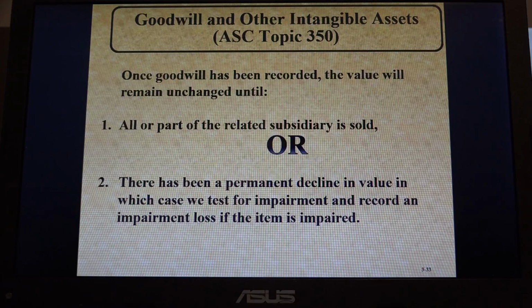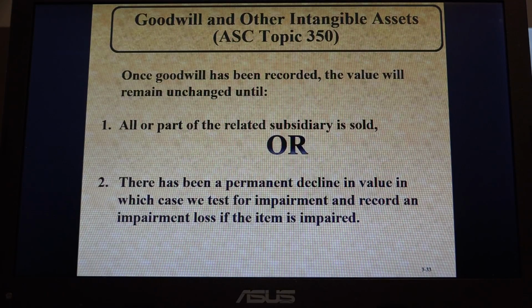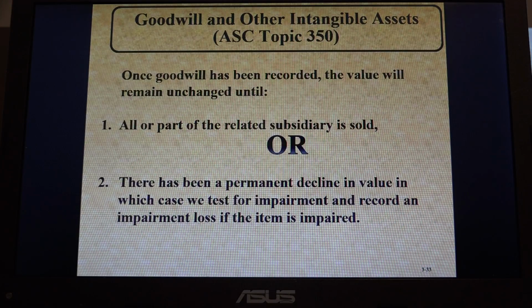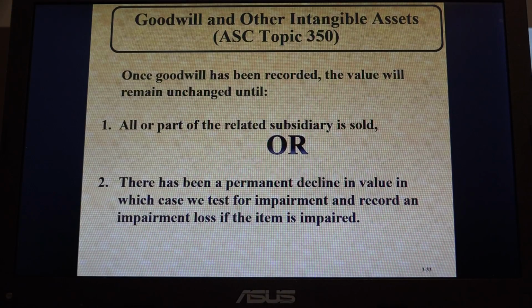If this goodwill test were simply a quantitative test, it would require every year for a company to bring in people to determine whether or not this impairment had occurred. That would cost companies a lot of money.